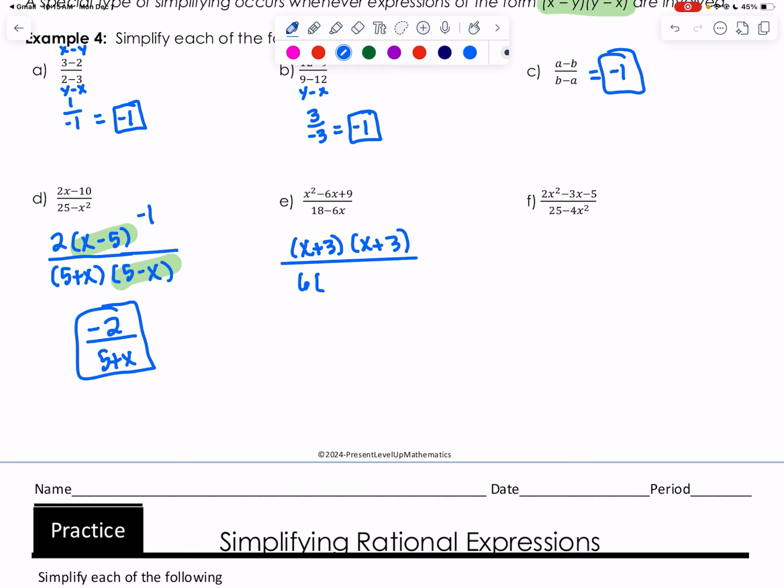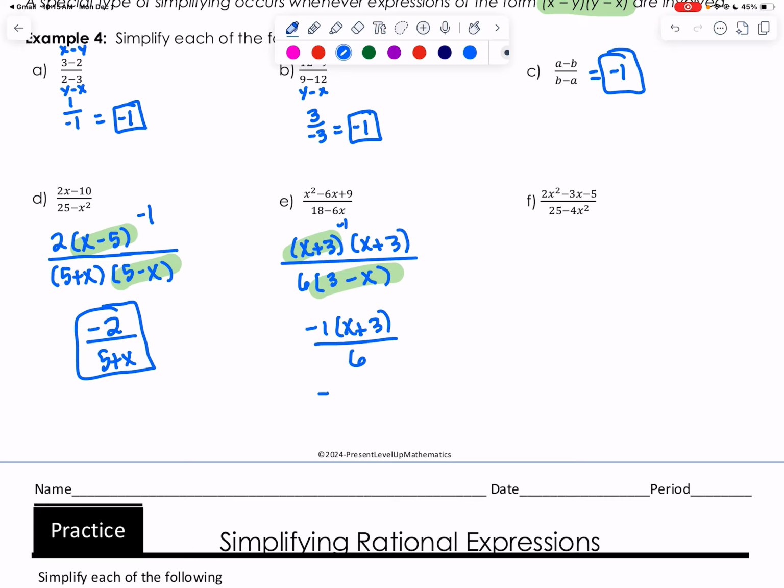So 18 divided by 6 would be 3, and negative 6x divided by 6 would be negative x. What I want you to notice here is we have x minus 3 and 3 minus x, which equals negative 1. So our final answer would be negative 1, which I don't need to write, but I will. It would be negative 1 times x minus 3 on the top, and on the bottom, we have a 6.